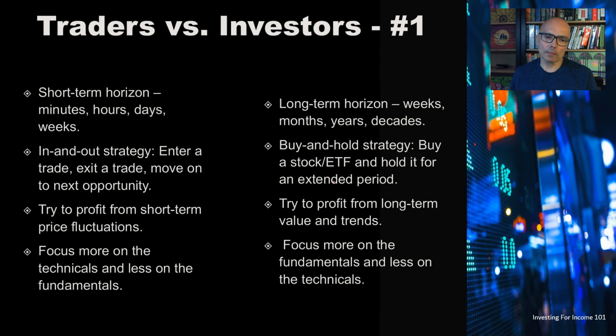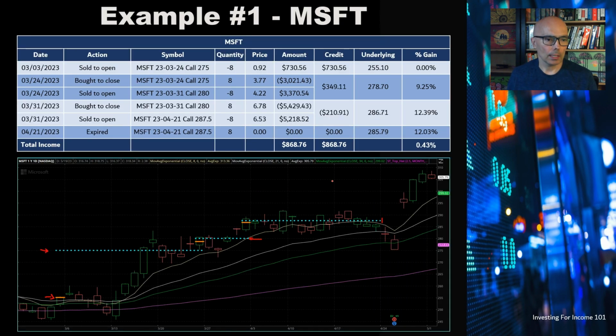You can see the strategy that I'm proposing here is good for investors, good for people who really want to keep the shares. Traders in general would not do this. On the first trade, they started with Microsoft at 255. Microsoft then in 3 weeks reached over 275.